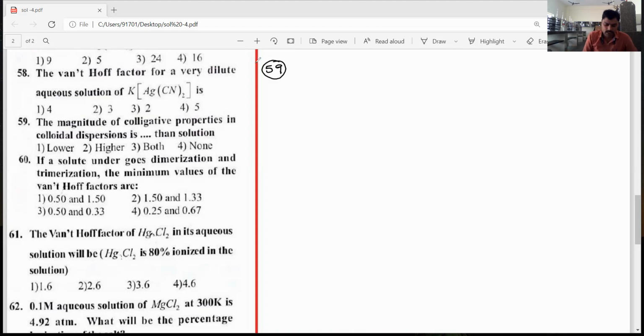The given 59th question is: the magnitude of colligative properties in colloidal dispersions or colloidal solutions is dash than the true solution. So the first one is colloidal solutions, the second one is true solutions. Which has more, true solutions or colloidal solutions?